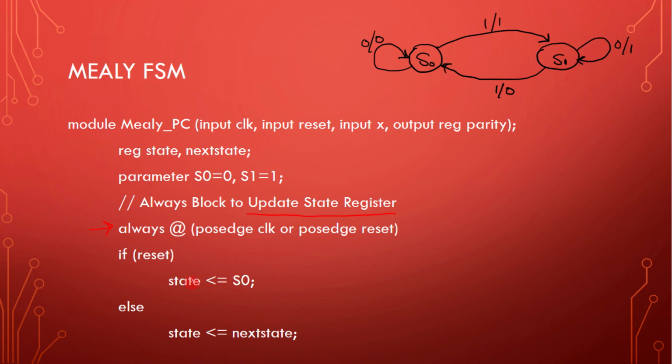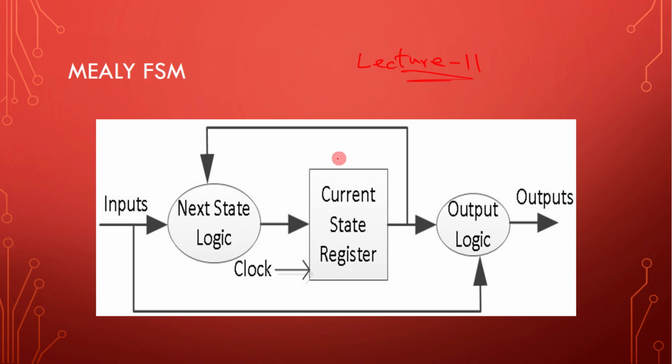Here you may have noticed that we are using non-blocking assignment or concurrent assignments, which are highly recommended for sequential circuits or finite state machines. So this cyclic behavior is updating your state registers. So we have implemented it in Verilog.